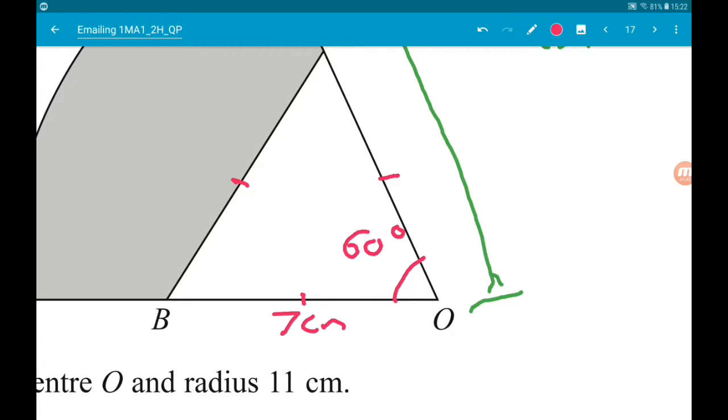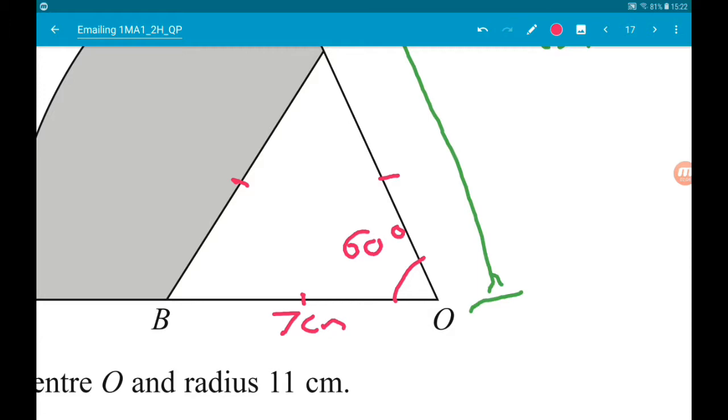We want to calculate the area of the shaded region as a percentage of the area of the whole sector. Give our answer correct to 1 decimal place. Okay, so lots to do here.